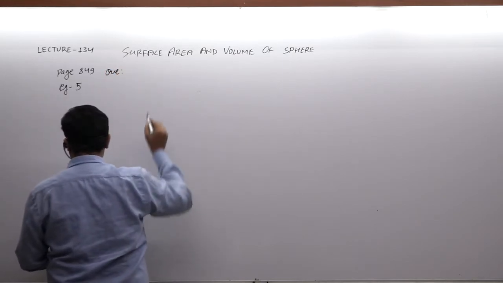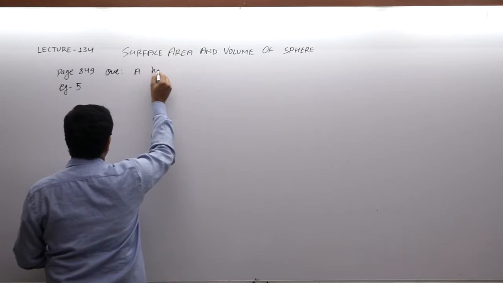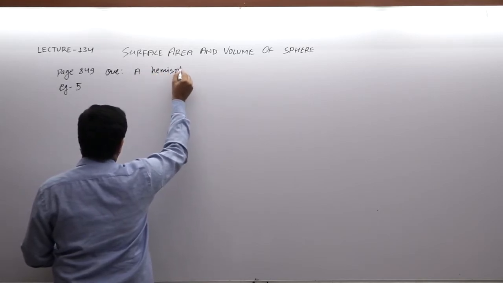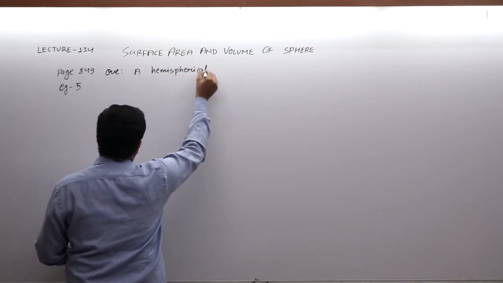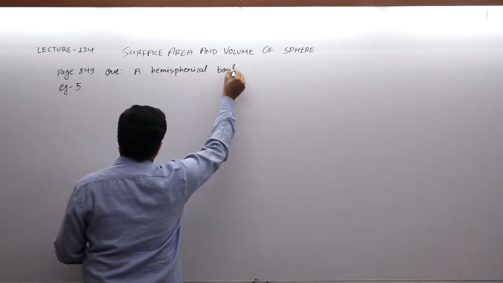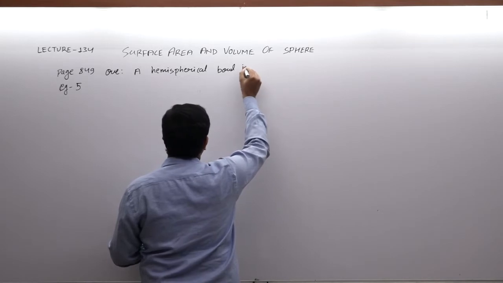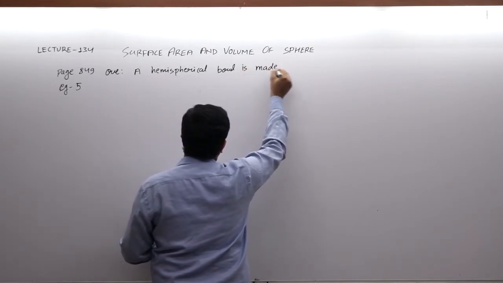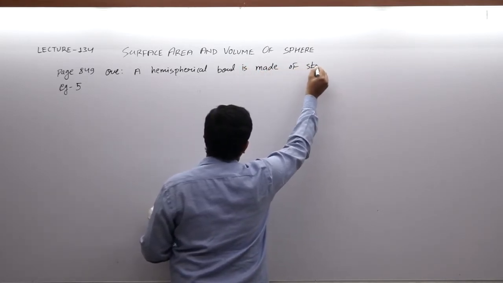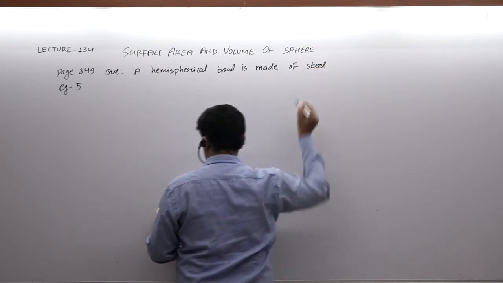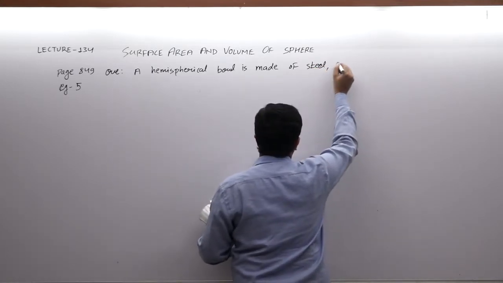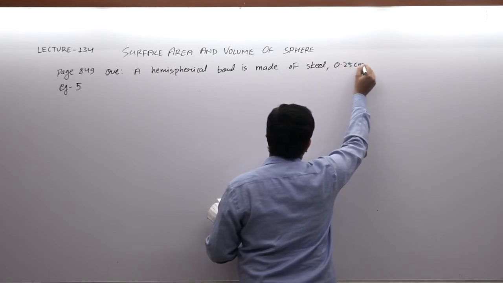A hemispherical bowl is made of steel 0.25 centimeter thick.